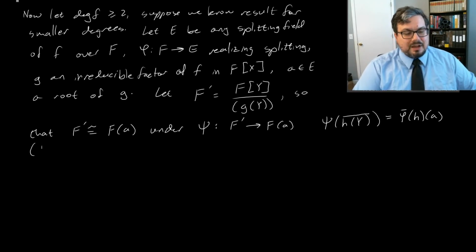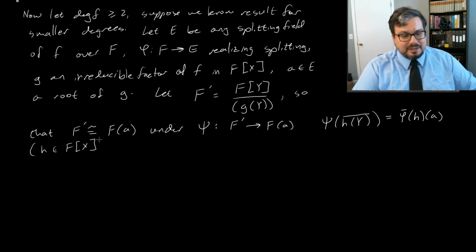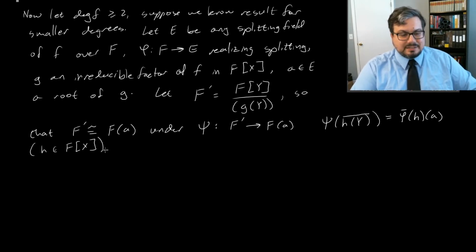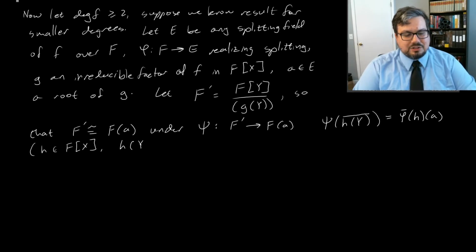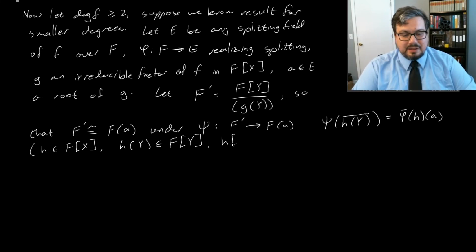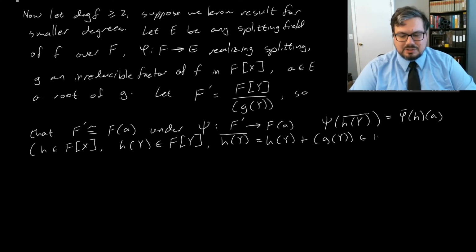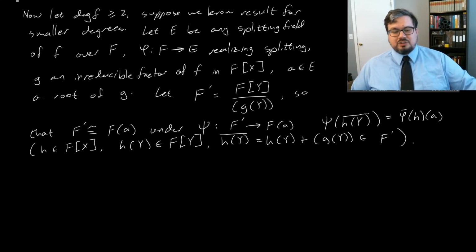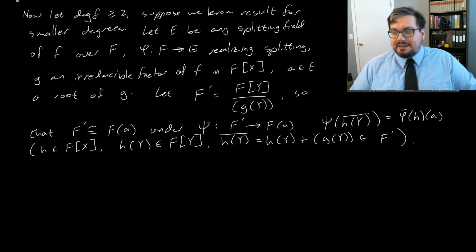Now here we've got that h is a polynomial belonging to F adjoin x, which means that h of y is a polynomial belonging to F of y, where we just replace the x's with the y's. And so h of y bar, this is h of y plus the ideal generated by g of y, and this belongs to F prime. So just following through where all these elements live.